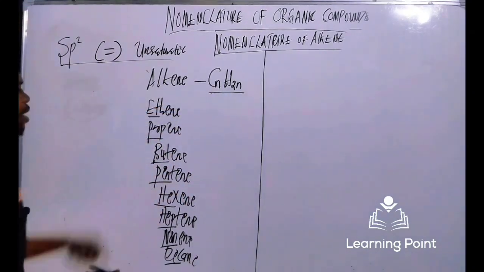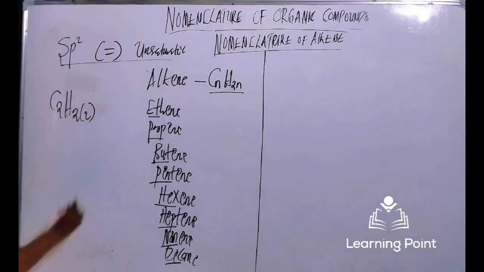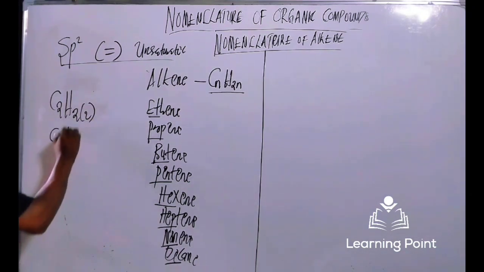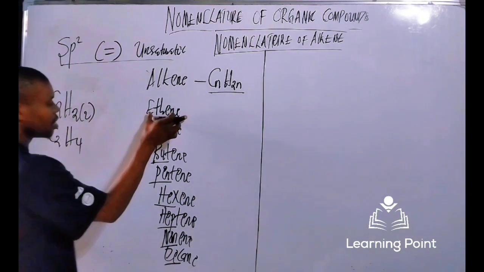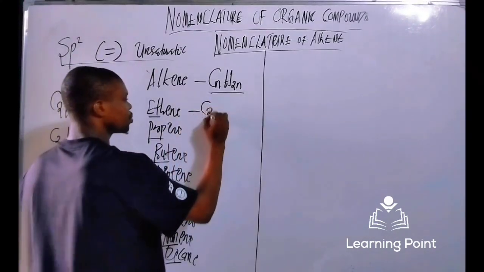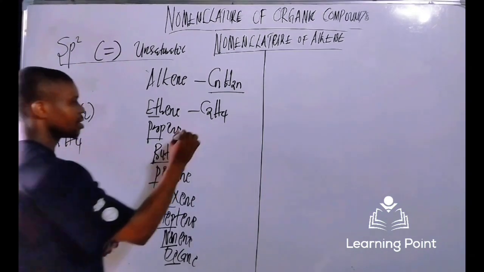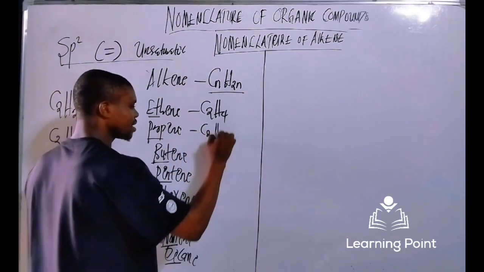So if you put 2 here, it's going to be C2H4. So the molecular formula for ethene is C2H4. If you put 3 here, it's going to be C3H6.